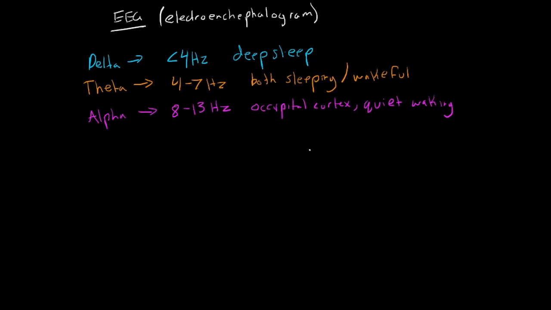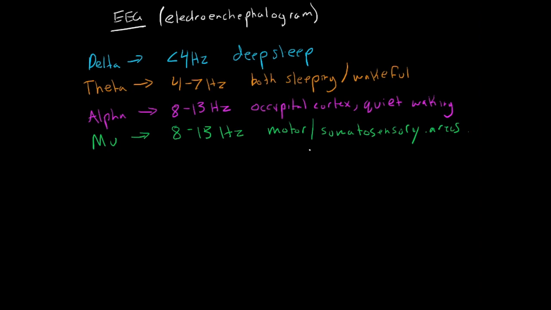And next in line we have the mu rhythms, which are similar to alpha, so I will write 8 to 13 hertz, and they're more concentrated over the motor cortex or the somatosensory areas.